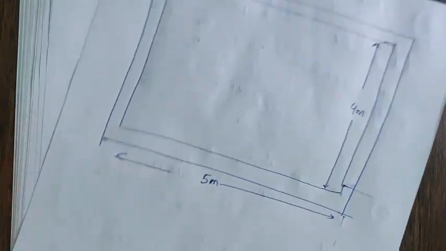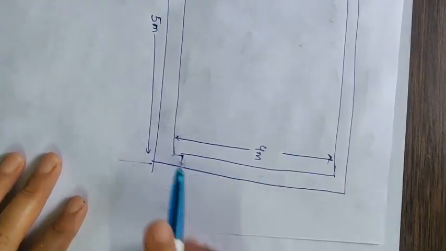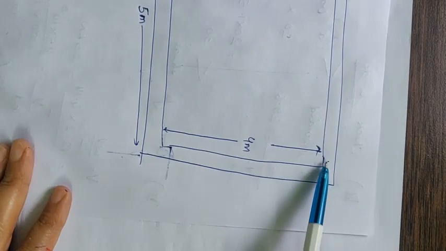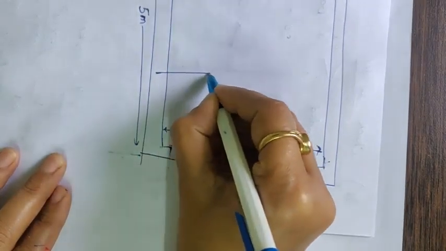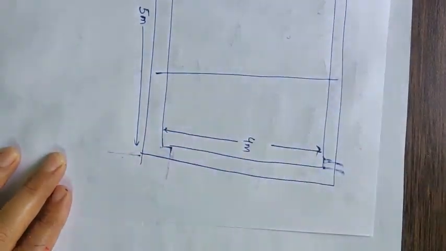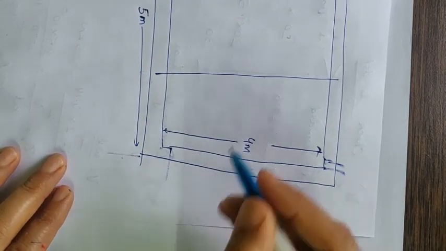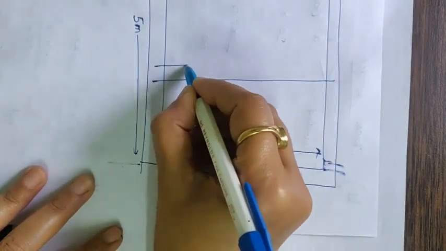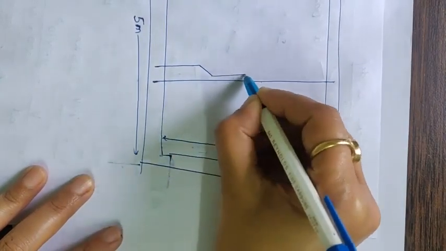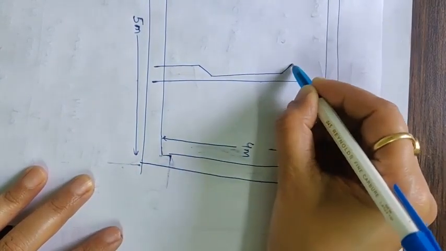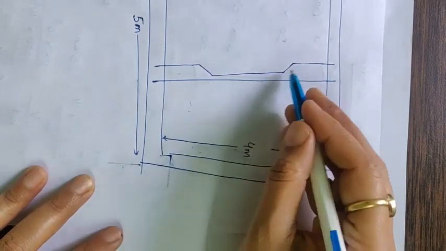Okay. Now 4 meter is our main span. This is our main span. Along the main span we have provided the reinforcement as 10 mm dia at the rate of 200 center to center. The code further says that half of the bars are to be bent up. The bent up bars are shown like this.